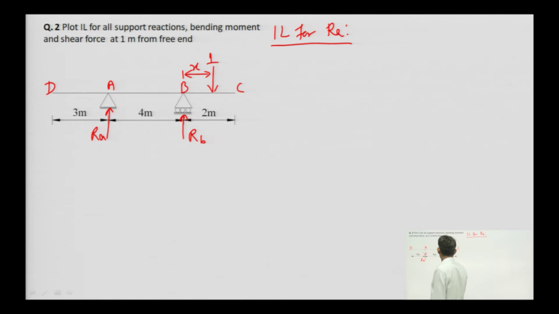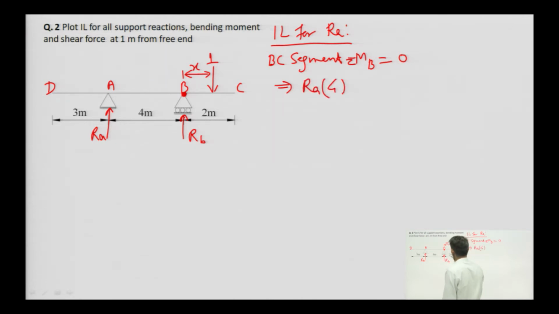To get the value of RA, apply summation of bending moment at point B equals to 0. So, for the BC segment, sum of moment at point B equals to 0, left and right both side. We will get RA into perpendicular distance 4, and RB will be 0, and this unit load 1.